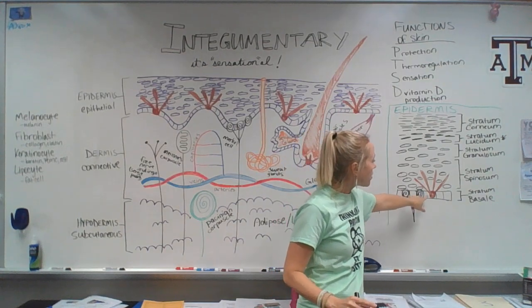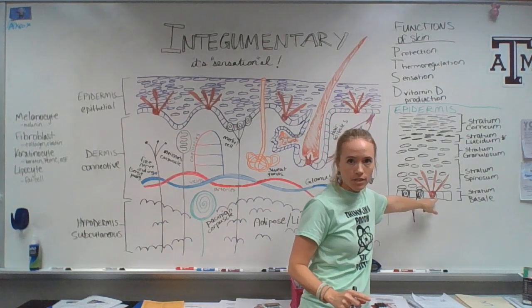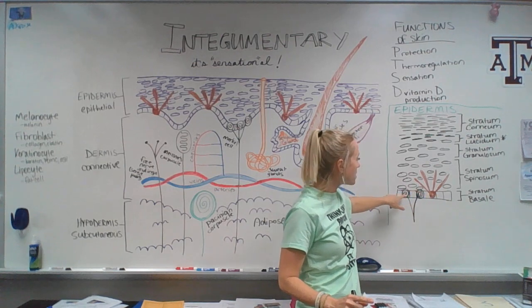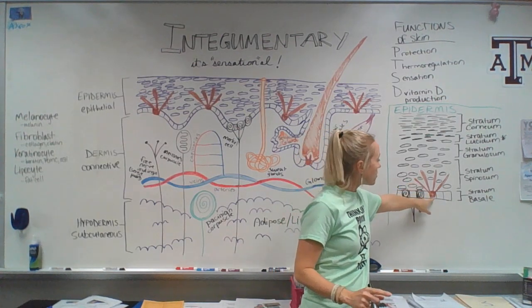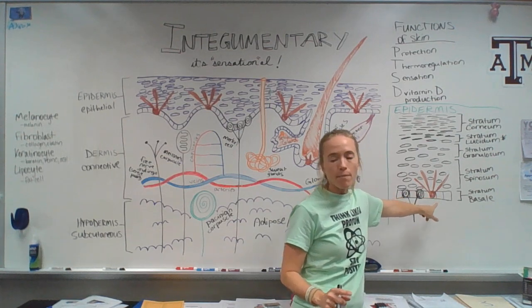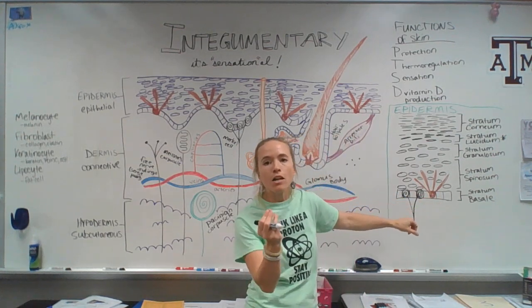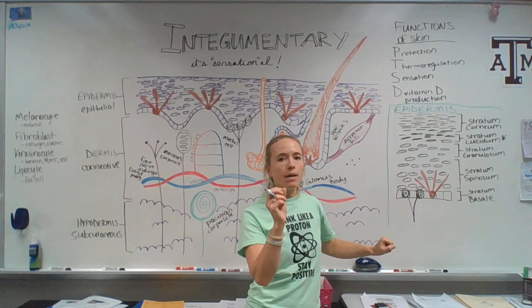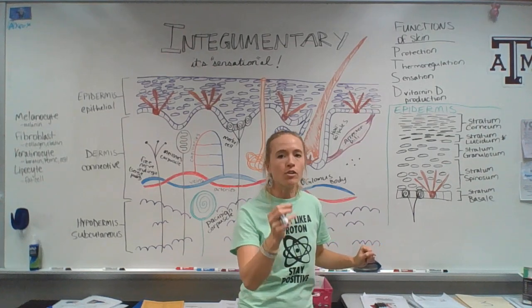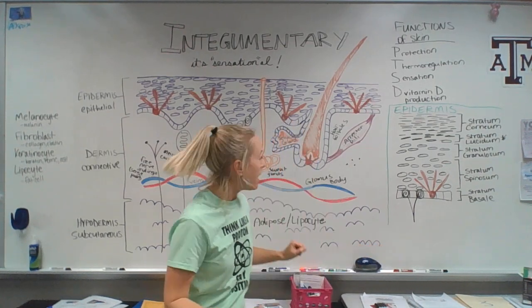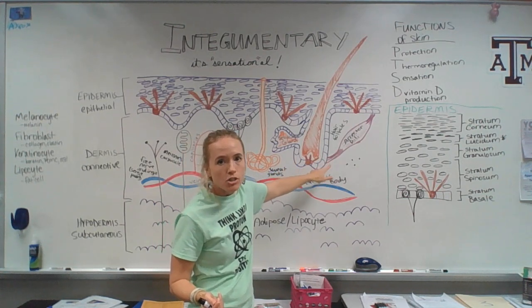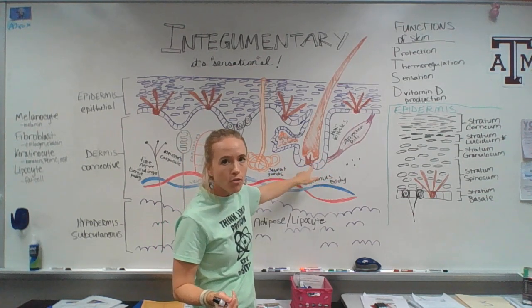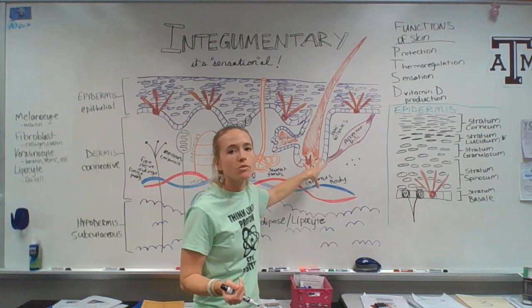This is also the layer where you're going to find melanocytes and our Merkel cells. So we haven't talked about melanocytes. A melanocyte is a cell that makes a protein, a pigment called melanin. And melanin provides color for the skin and for hair. And if you look, the little melanocytes that are in the stratum basal around the hair follicle, they're providing the melanin that goes into the hair.